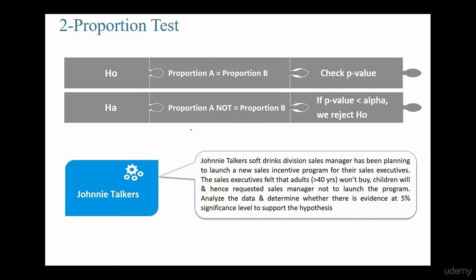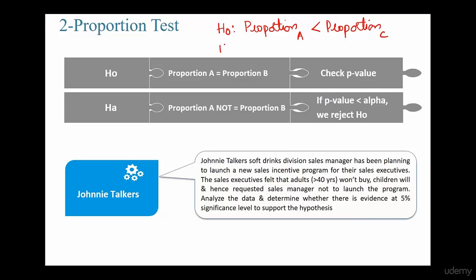So now, since it's not equal to, we need to once again write null and alternate hypothesis. And this time, your null hypothesis should be proportion of adults purchasing is less than proportion of children purchasing.